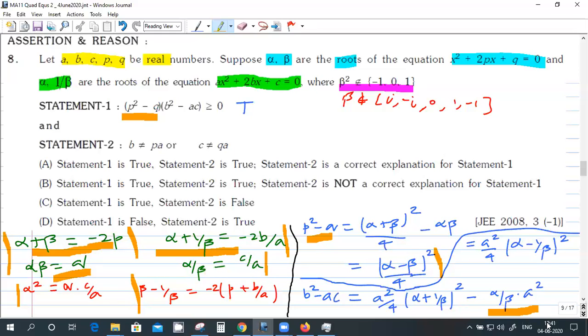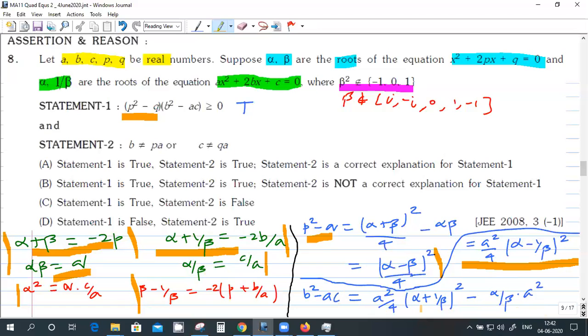So a into c will become a square. Similarly, b square, if I use this one, b in terms of a will be a square into something. So I can take a square commonly out and then rewrite as this one.